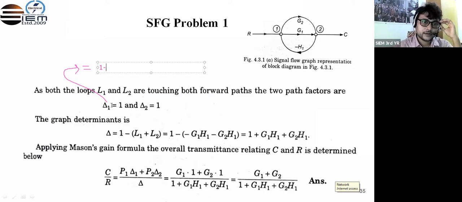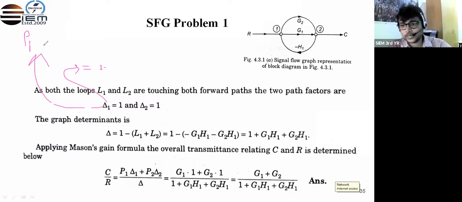Now del 1 belongs to forward path P1. And what is the forward path we have considered? The forward path 1, as discussed in the previous slide, is from R to C. It will traverse through this line and this line.